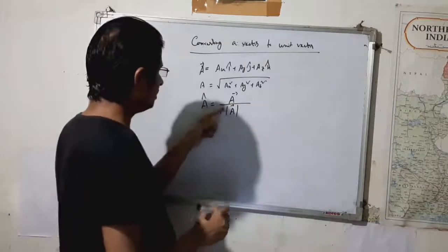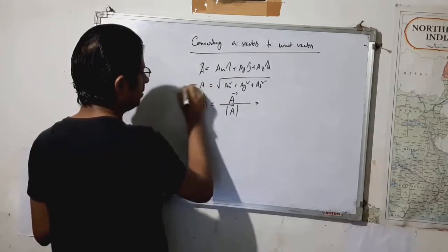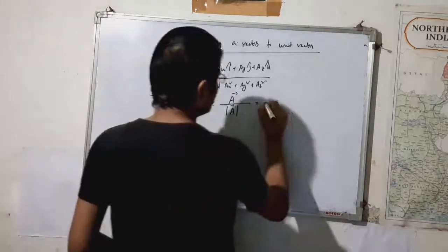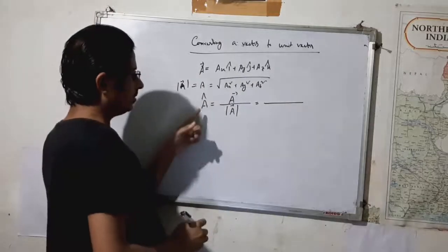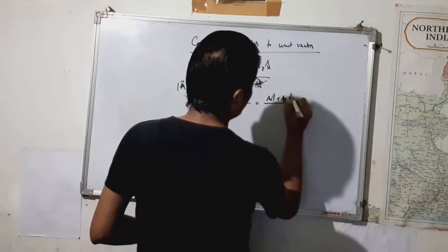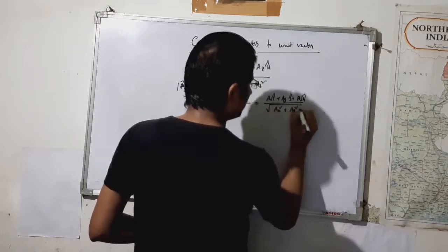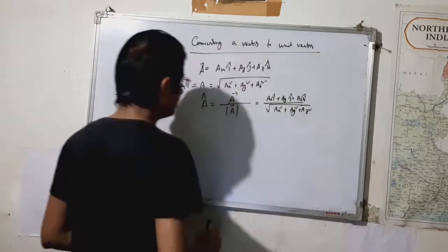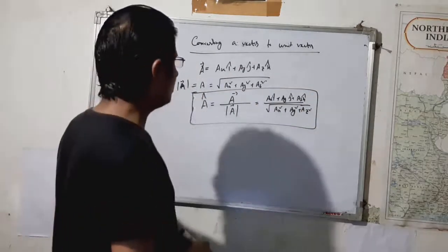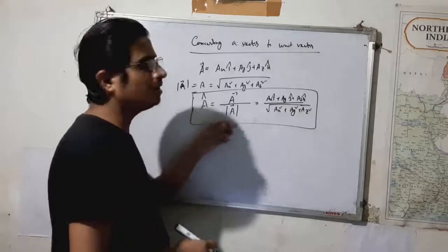So any vector can be converted by using this formula. A cap equal to (Ax i plus Ay j plus Az k) divided by square root of Ax square plus Ay square plus Az square. So this is the expression of unit vector. If we consider any ordinary vector, then we can convert it into unit vector by using this formula.